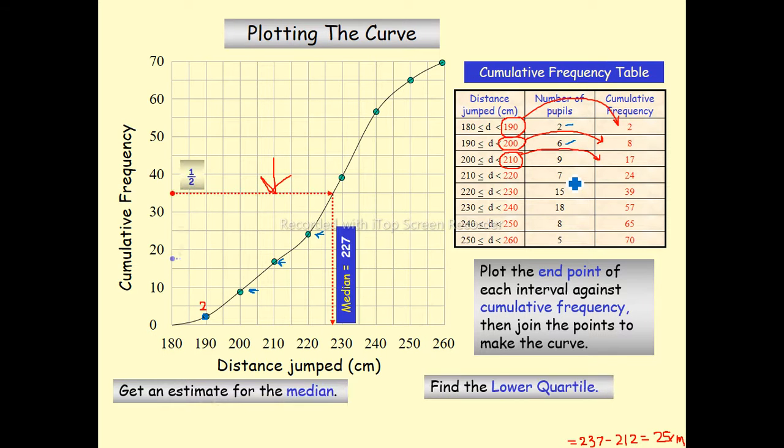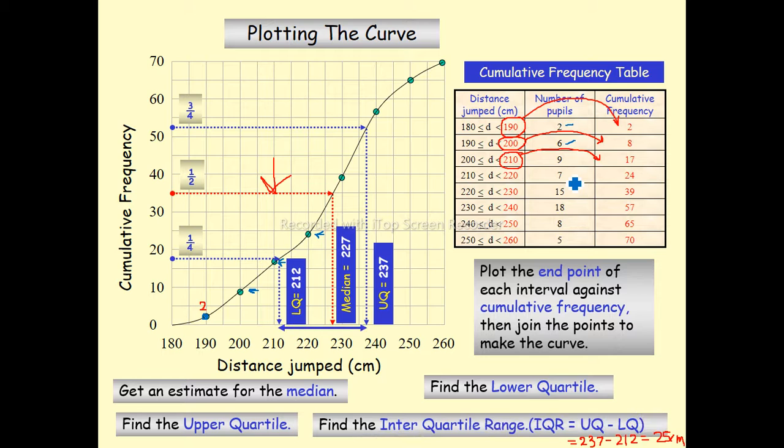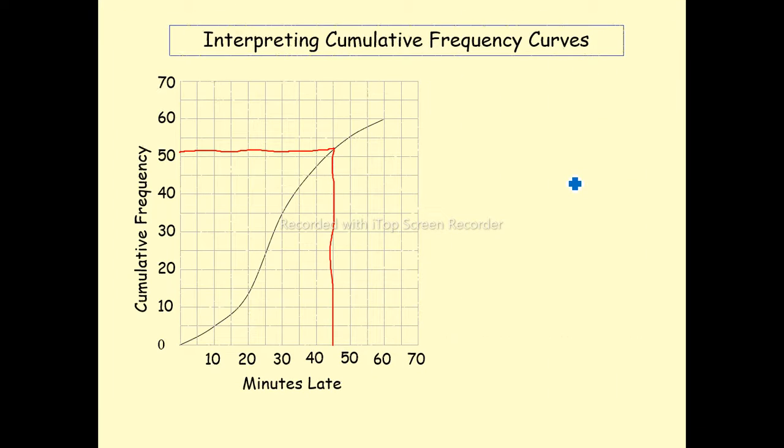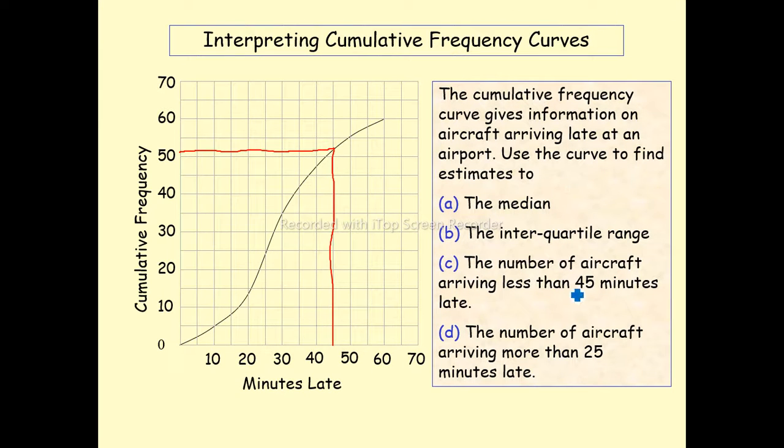So if we go back here, and they say we want the number of aircraft arriving less than 45 minutes late. So about 53, 52.